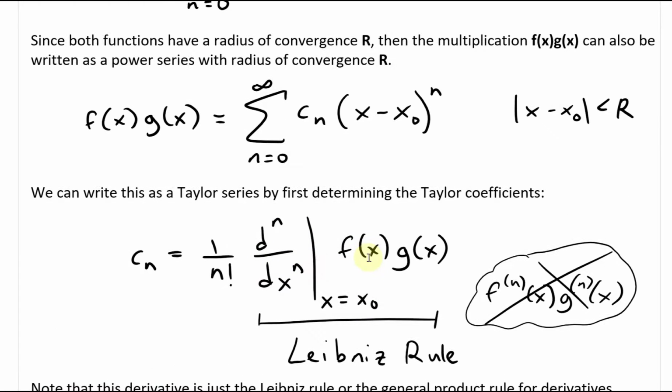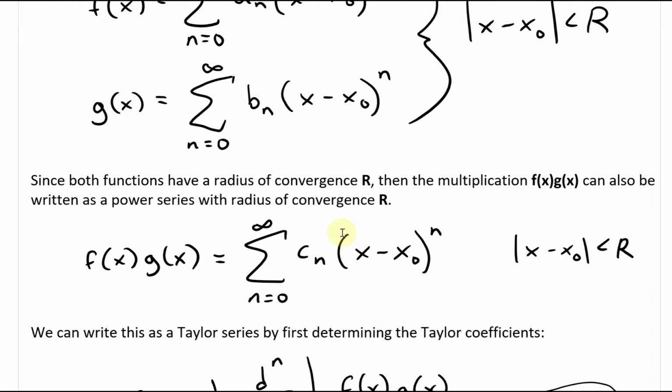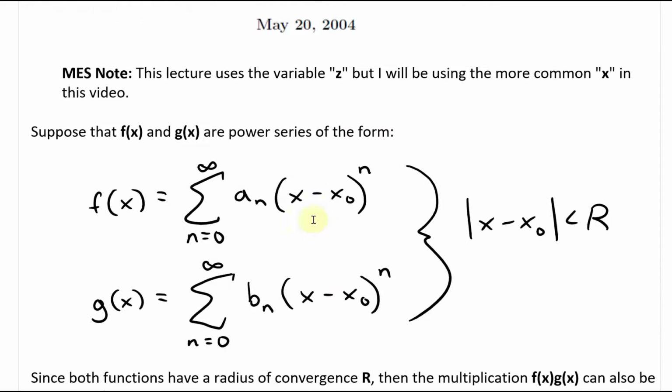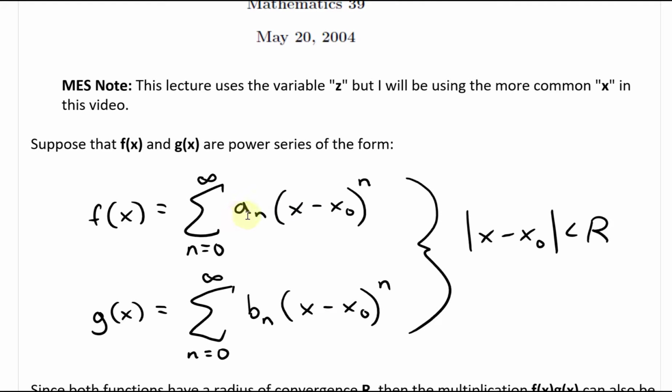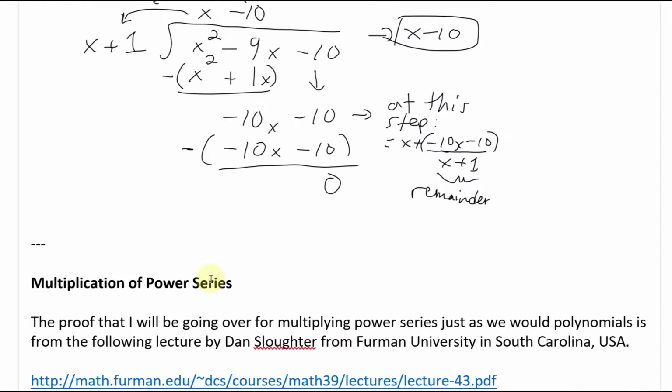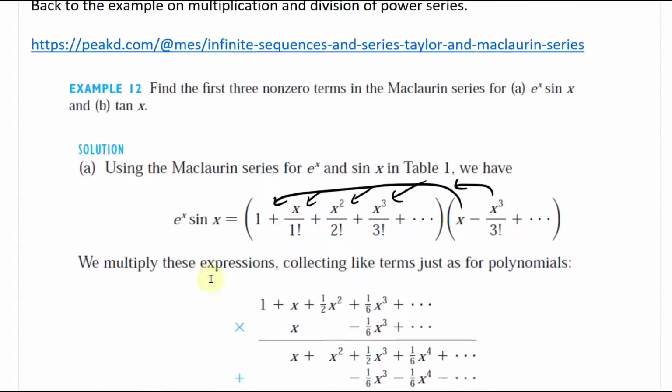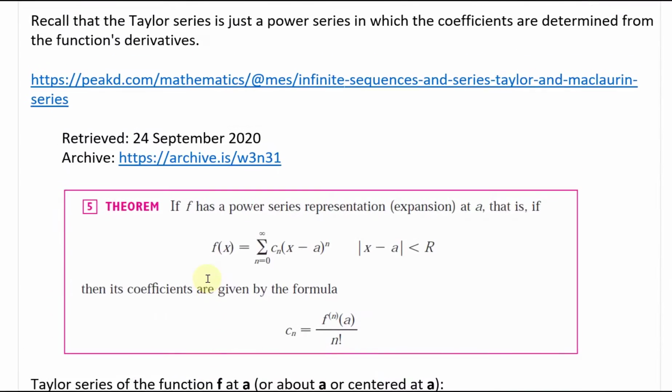And in this case, the product is f of x times g of x. But for these individual ones right here, this an, the Taylor coefficient, is just going to be the nth derivative of f of x at x equals x naught divided by n factorial. In other words, that's just the coefficient, an. And we can scroll back up to our Taylor series, just to show that formula again.